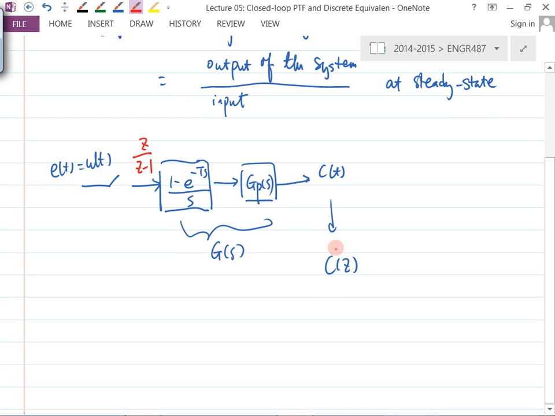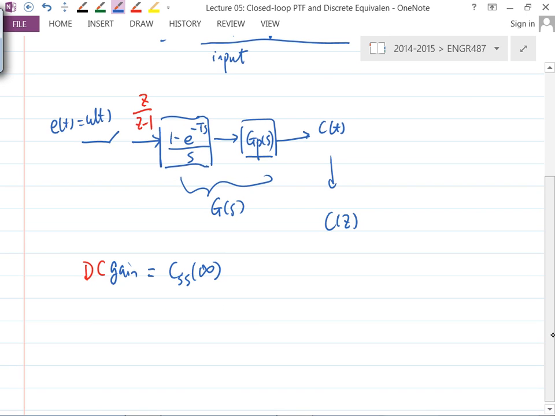If we know the final value, then divided by the input, which is 1, you get your DC gain. In other words, your DC gain is equal to this C function at steady state, at infinity. So, final value theorem.